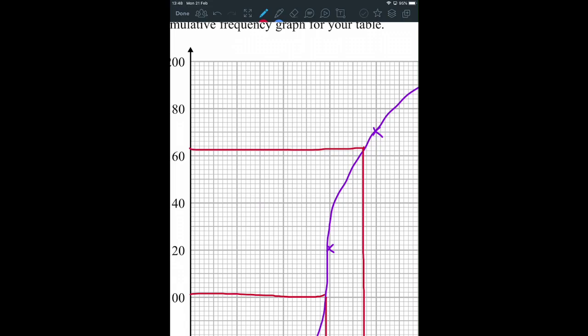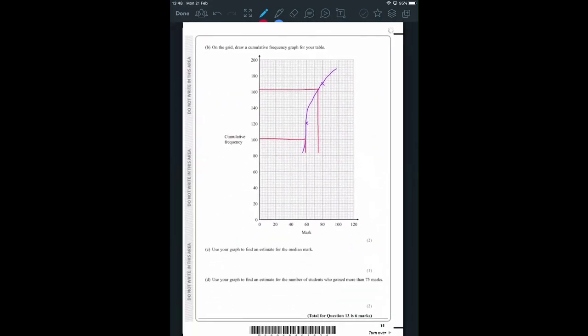Now that appears to be 62, 63 is what I'm going to go for, but that 63 was the number of people who got less than 75 marks. Cumulative is all about less than, so that is less than 75.